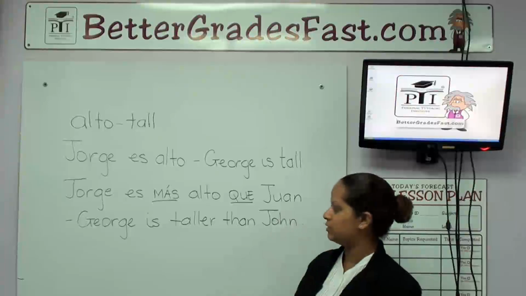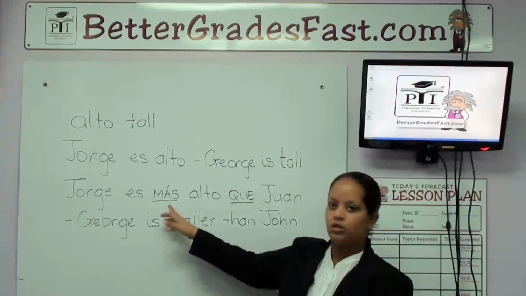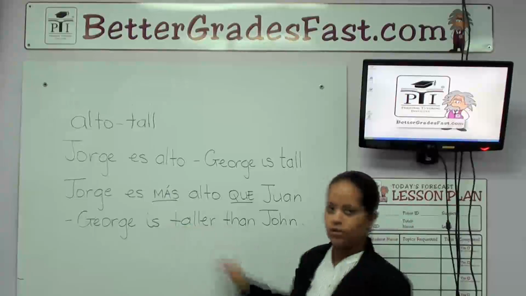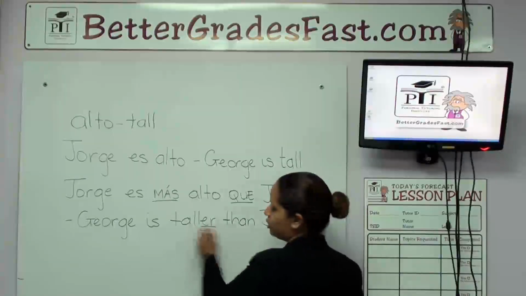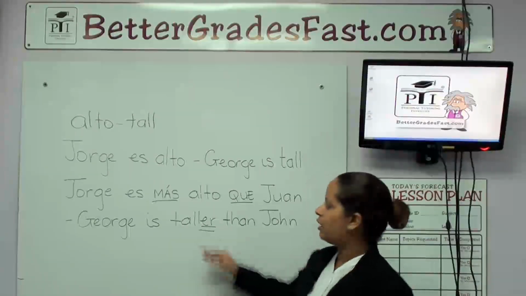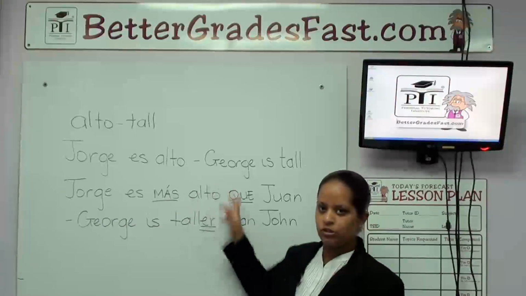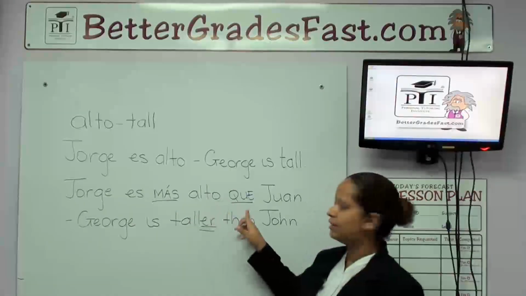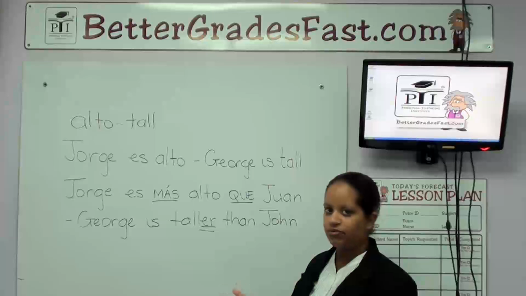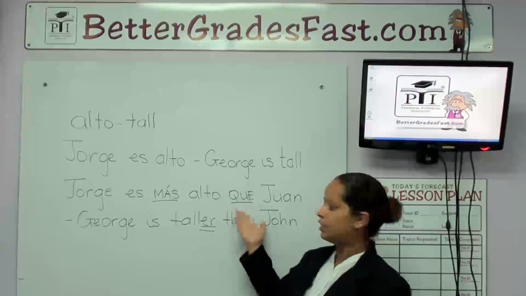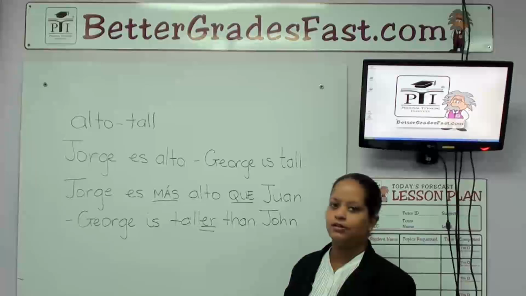George, which is Jorge translated into English, George is taller than John. As you see, to say taller, we cannot simply do as we do in English and put ER. We have to put más before your adjective, your describing word, and then que, which, as I said before, means more something than somebody else.